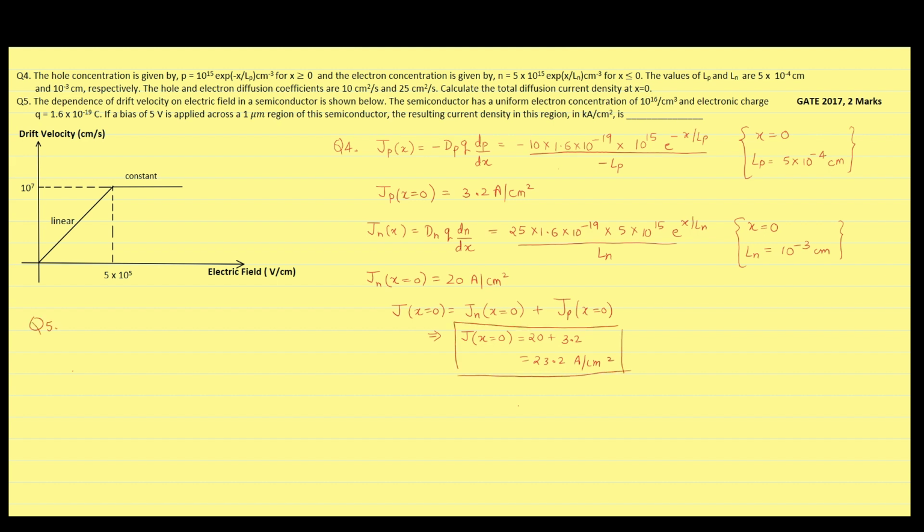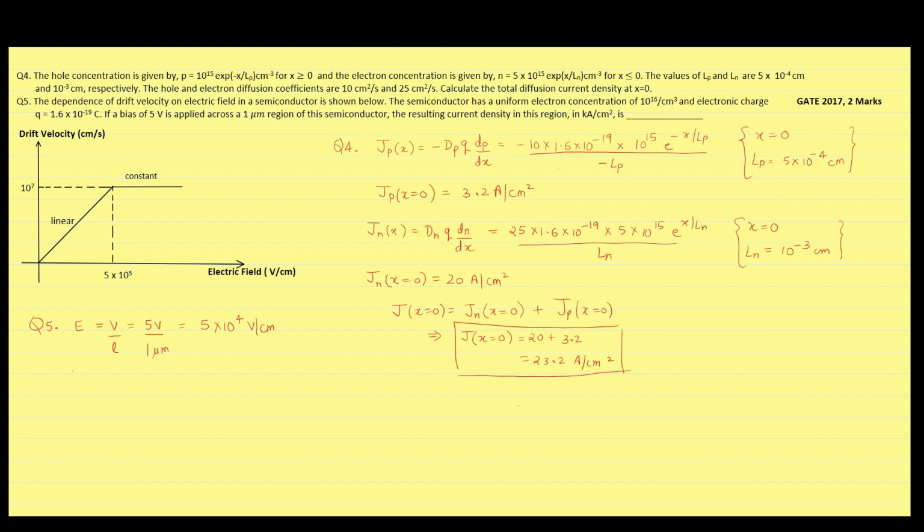For the fifth question, we will first find the electric field which is present inside the semiconductor, and we know the electric field is equal to potential drop applied divided by length of the semiconductor. Here, potential applied is 5 volt and the length of the region of the semiconductor is 1 micrometer. Therefore, electric field comes out to be 5 into 10 to the power 4 volt per centimeter.